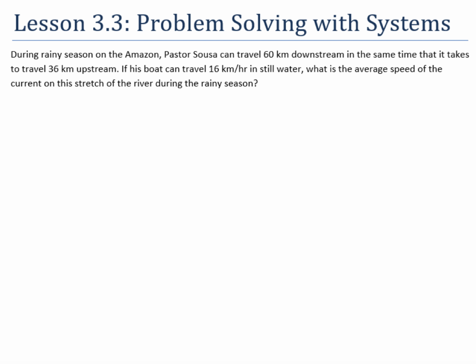I like to relate it to those moving walkways when you're in an airport. If you get on one of those moving walkways and it's moving at 3 miles per hour and your normal walking speed is 2 miles an hour, you're actually moving at a combined rate of 5 miles per hour.